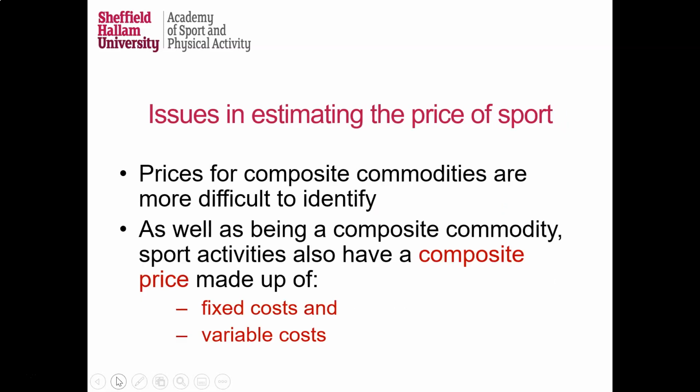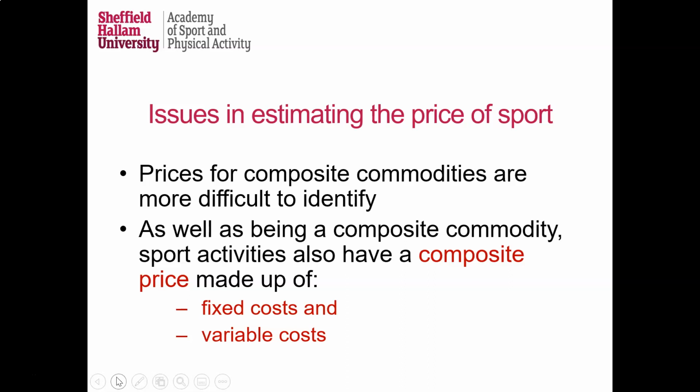Okay, so there are some issues in estimating the price of sport, and the prices for composite commodities are more difficult to identify because composite commodities are made up of a parent demand and a derived demand. So this means that there are different elements to the price.